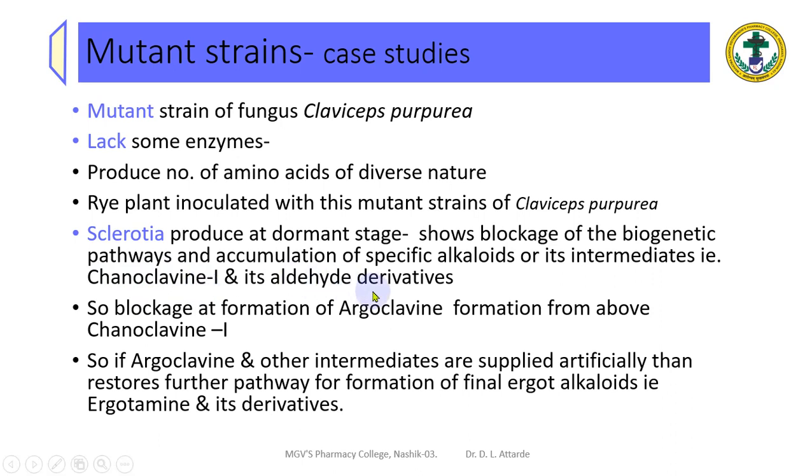It does not form agroclavine and it stops. But if you give agroclavine artificially, ready-made, the further path proceeds because the other enzymes are there, and it leads to the formation of ergotamine. So chanoclavine being the intermediate in this process is proved by using mutant strains.